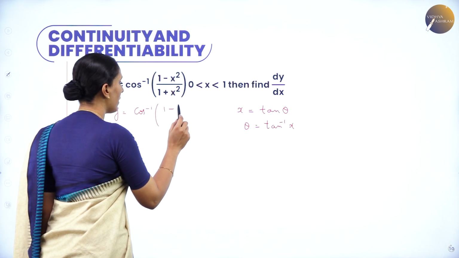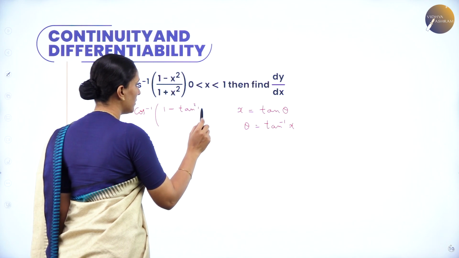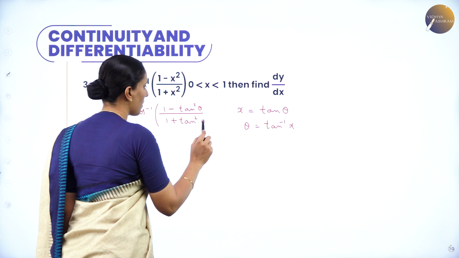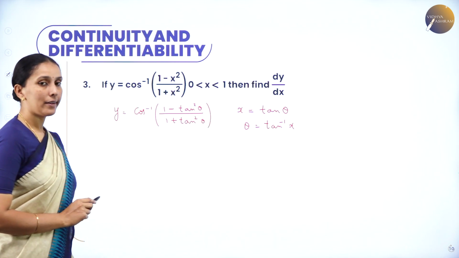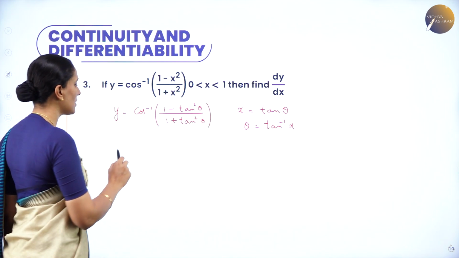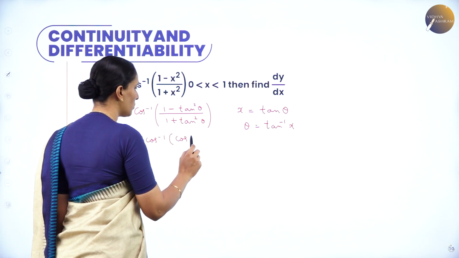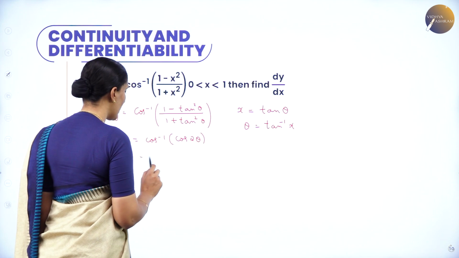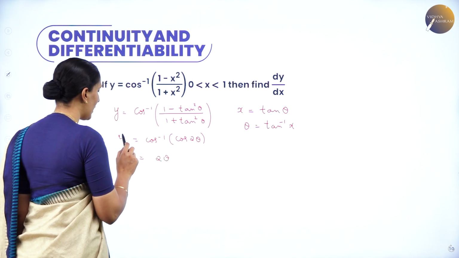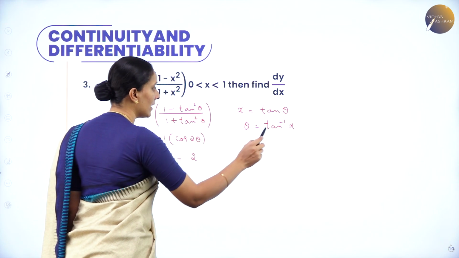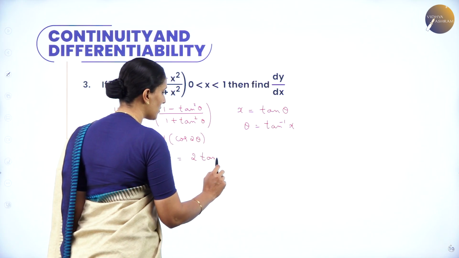So here we have 1 minus tan square theta divided by 1 plus tan square theta. That is cos 2 theta. So we will get cos inverse of cos 2 theta, which can be written as 2 theta. So y is equal to 2 theta, which can be written as tan inverse x in the place of theta.